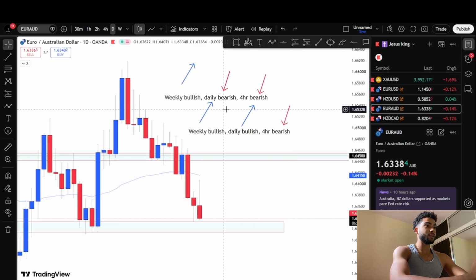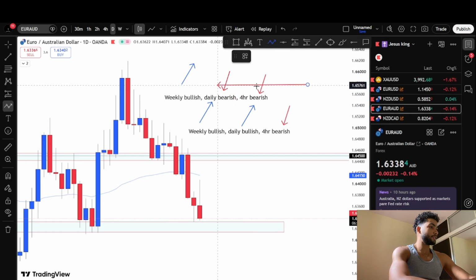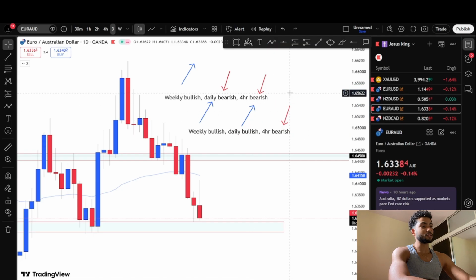In these two scenarios, I'm trading with the trend because I have two consecutive time frames in sync. In the first scenario, I'm trading with the daily and the 4 hour. In this second scenario, I'm trading with the weekly and the daily. The 4 hour is not in my favor, but it doesn't matter.